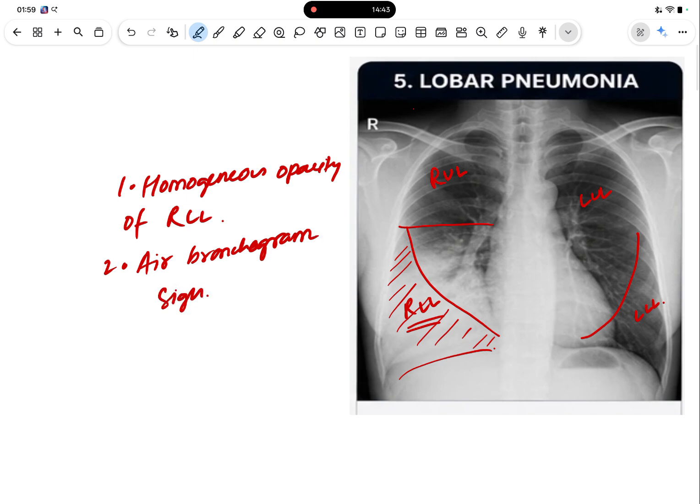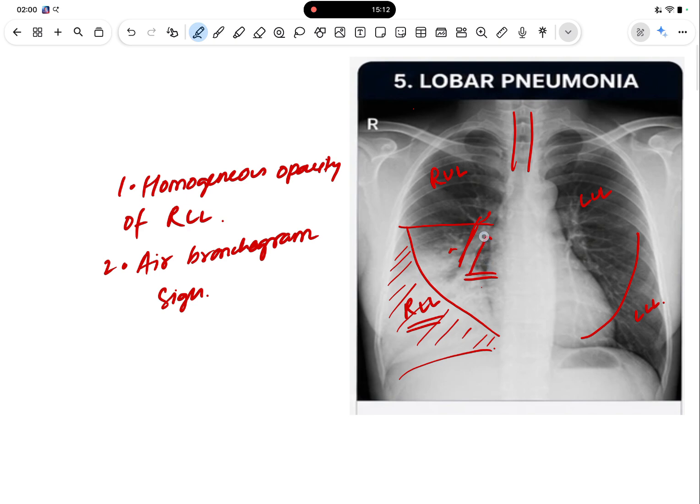What is the air bronchogram sign? See, these are the bronchi. This is the trachea, this is the bronchi. So in this case the bronchi are prominent. Why prominent? Because of the inflammatory exudates, inflammatory cells, right? The bronchi and the alveoli get filled with inflammatory cells, so they appear radio opaque in the X-ray.